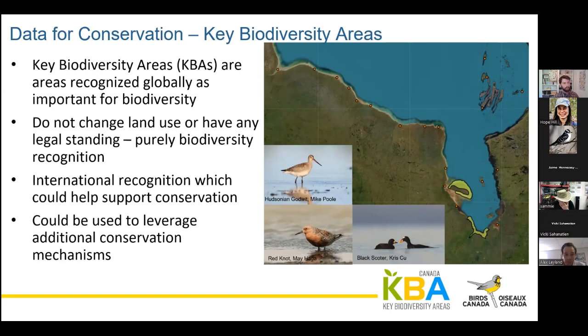So if you can have an area that's designated as a key biodiversity area, then that international recognition could help support conservation efforts. And these key biodiversity areas are based on things like high counts of certain species, or high diversity of species in an area. So migrating shorebirds or really high numbers of red knots along a section of coast, that kind of thing, are how key biodiversity areas are designated.